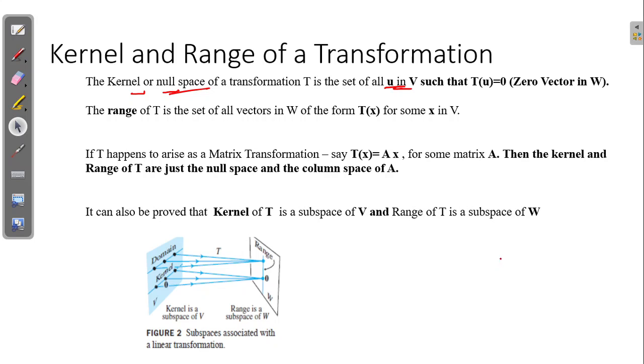We know that V, W, and a transformation T are defined. Then V is known as the domain, and W is known as its range.